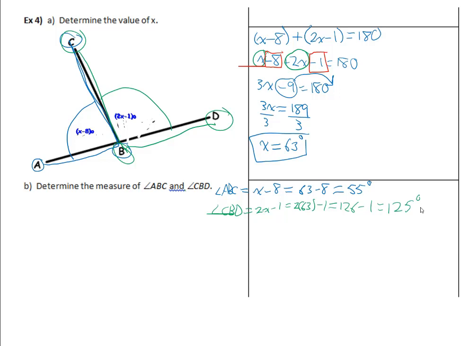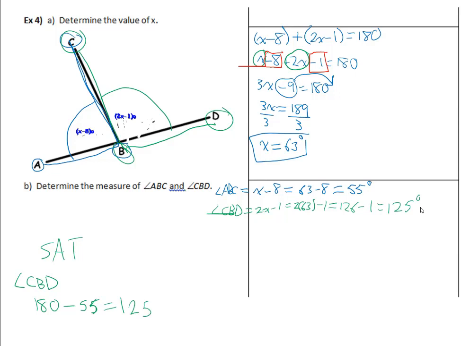That's both of those. Alternatively, because it's SAT, you could have found angle CBD by doing this. 180 subtract 55 equals your unknown angle, which would have been 125.